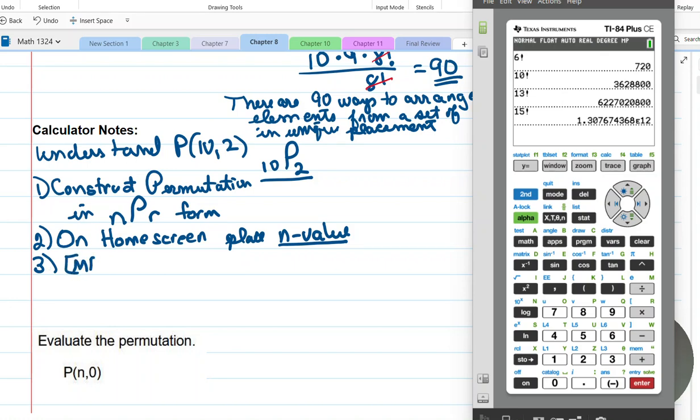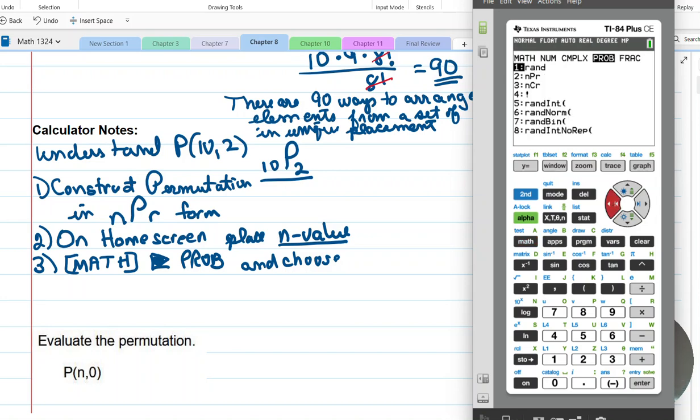The math key, arrow over to PROB, and choose number 2. And choose 2, and PR.